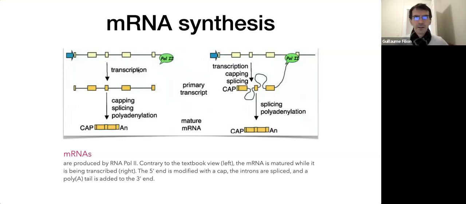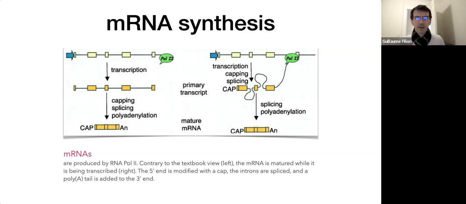So RNA synthesis, that's also something that you've seen multiple times. When I say RNA synthesis, I speak about mRNA, the messenger RNAs. So you've got the process of transcription, which starts at the promoter, then the polymerase just goes and elongates the molecule in its 3' direction, because that's what all the polymerases do.